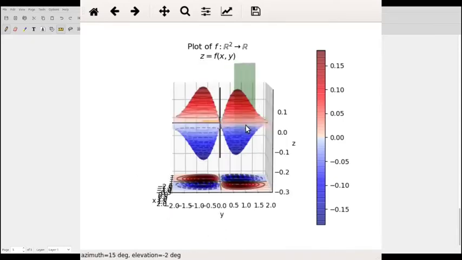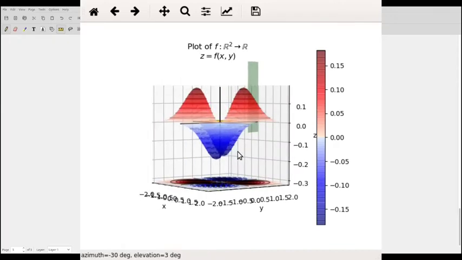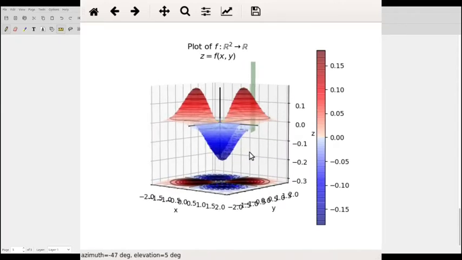It's going along that direction. And essentially what this directional derivative is giving us is the slope of the trace of this surface along that plane in that direction.